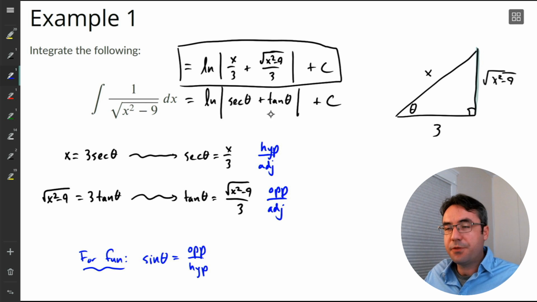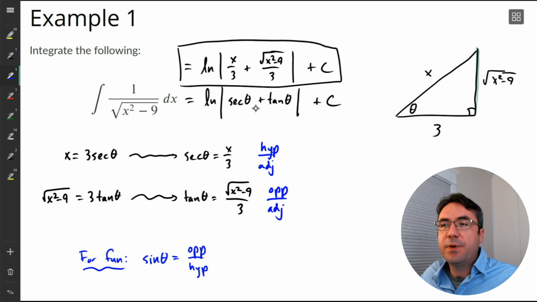So if we went through all of our integration and we had a trig function here that wasn't one of our pieces, which sometimes happens, we can figure out what it is by filling in all of the sides of our triangle like we did, knowing what that trig function is in terms of opposite, adjacent, hypotenuse, and then just using the triangle.